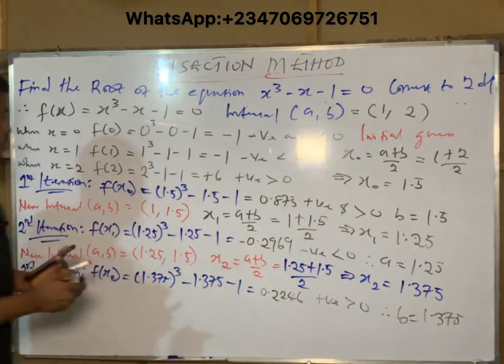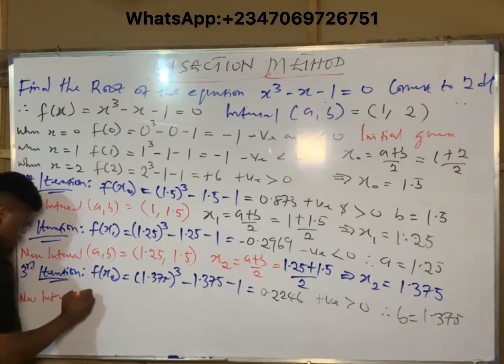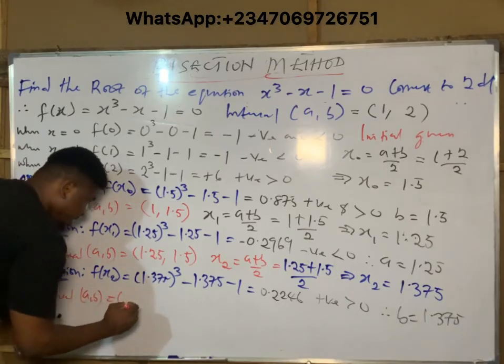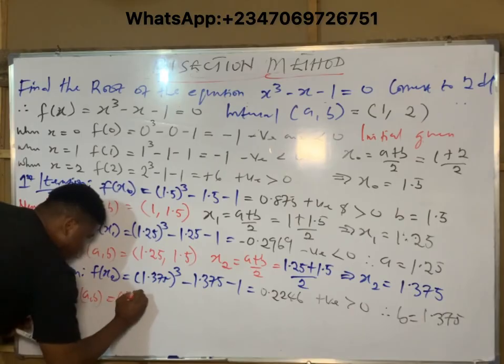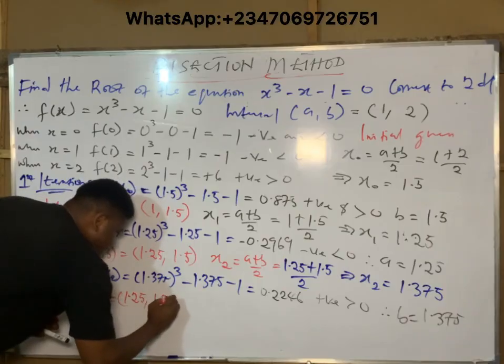Therefore, b is equal to 1.375. So if we have b, it means now that we have a new interval. So our new interval becomes a comma b, which is, now a remains 1.25, but now b is 1.375.